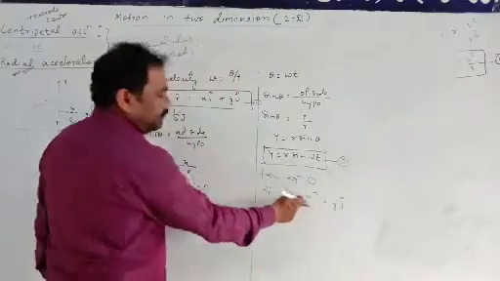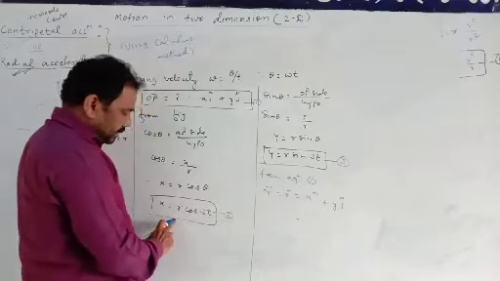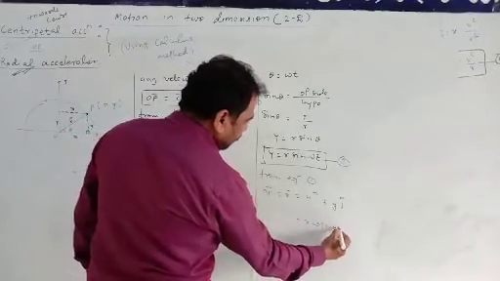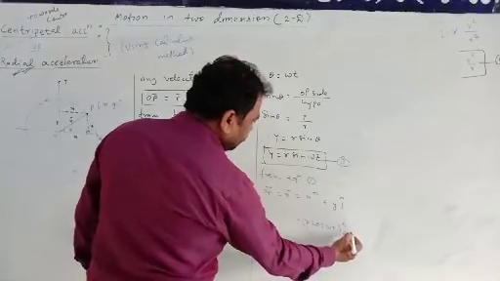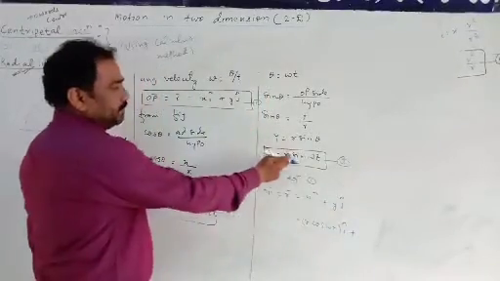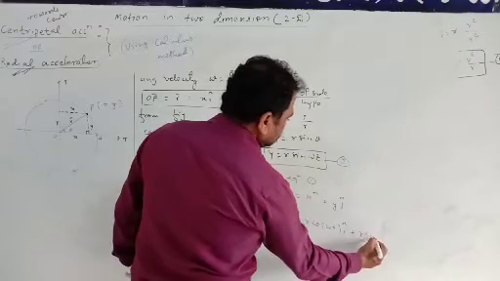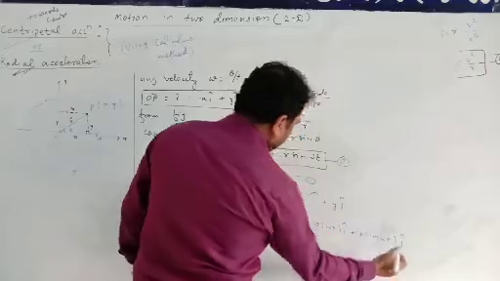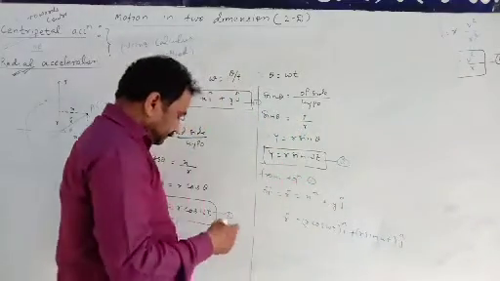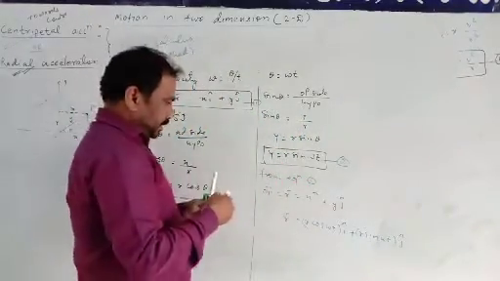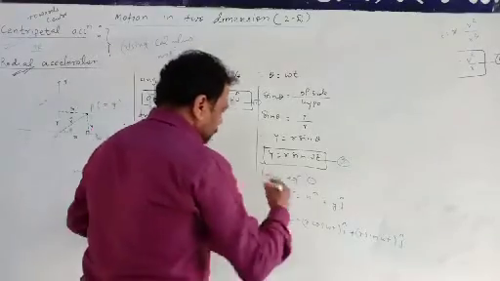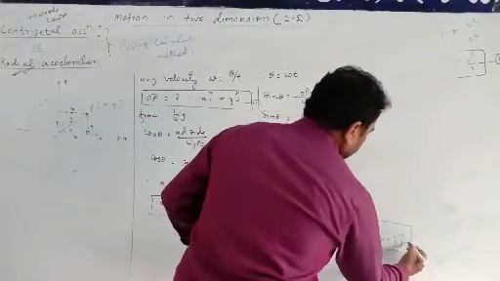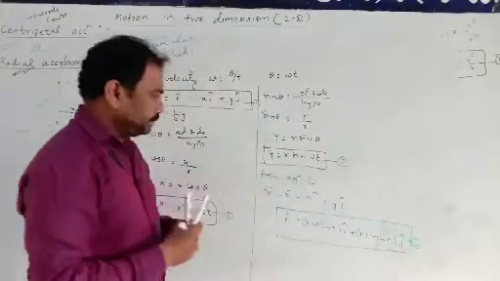Put the value of x, that is r cos omega t, into i cap, plus the value of y, that is r sin omega t, into j cap. So this is the value of vector r, that is the radius vector. This is the most important equation. Suppose this equation is equation 4.